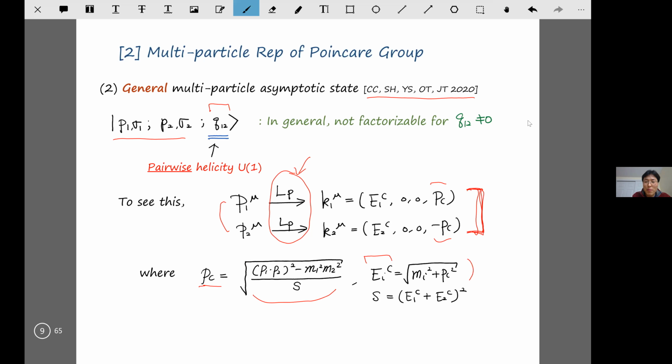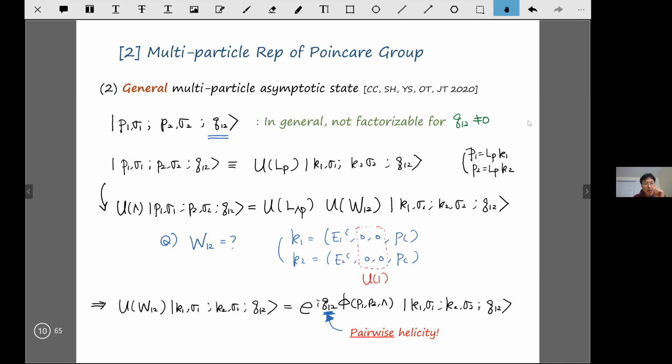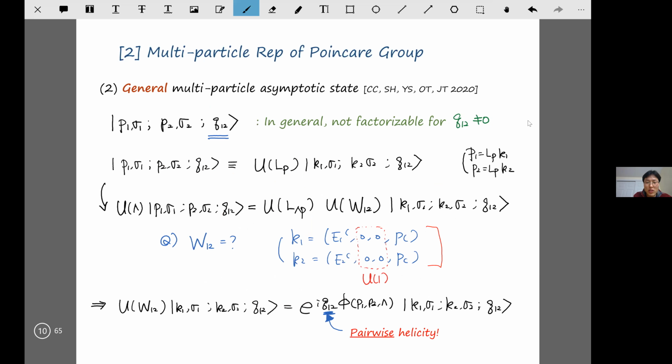In this pairwise standard momenta, you see that in this frame there is a little group, meaning one that leaves the pair invariant, which is obviously a U1 transformation. Okay, so this argument, which is not completely rigorous, although we gave another construction which is more rigorous, is that the general two particle state, and therefore any number of particle state, has an extra U1 little group transformation on top of the regular little group transformation of each individual particle.